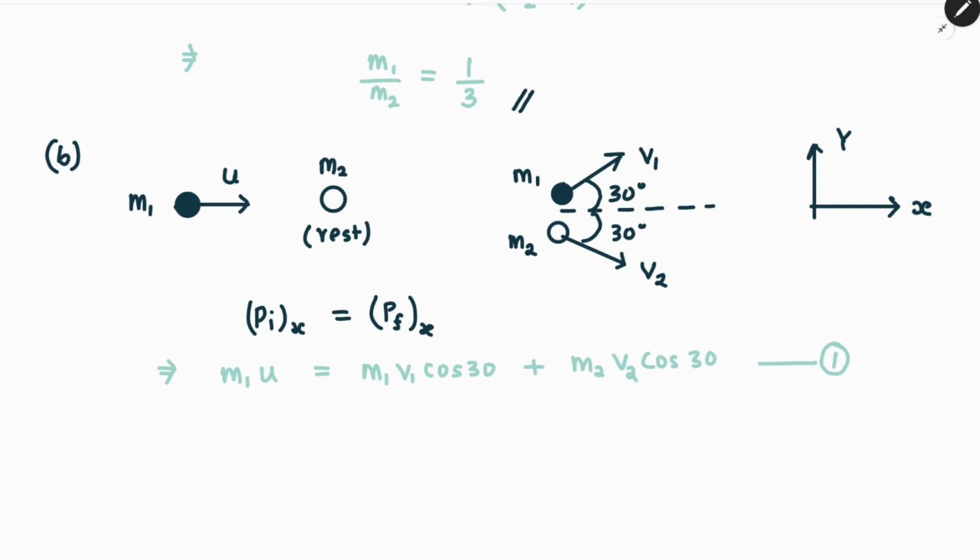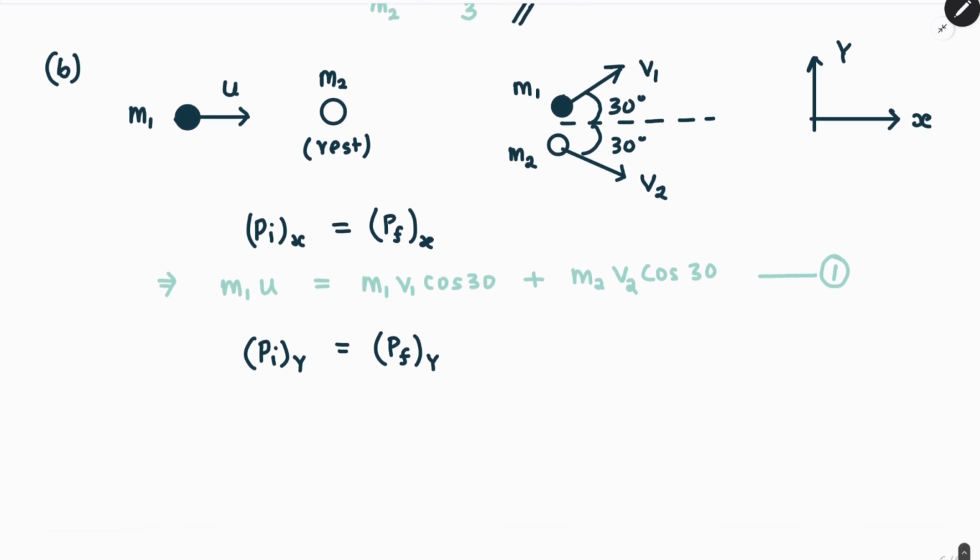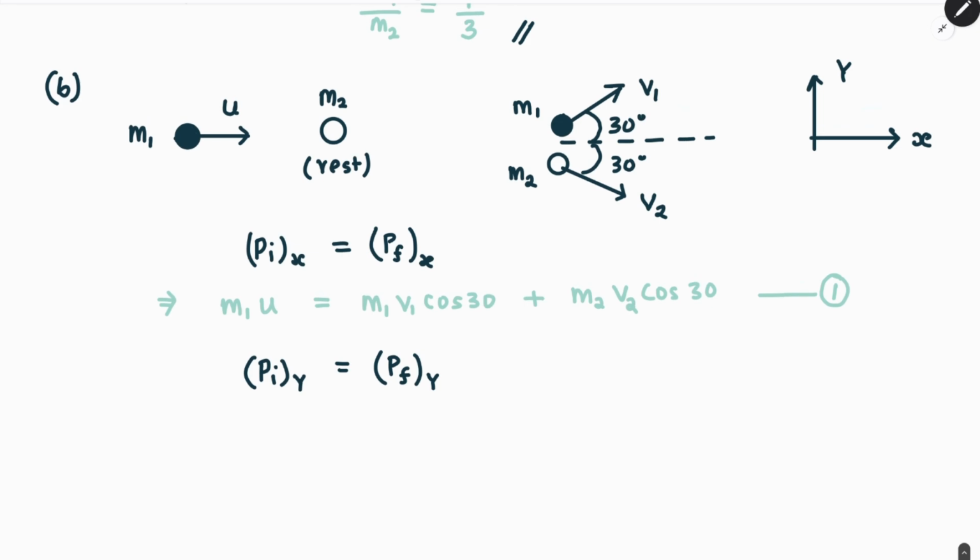Similarly, the initial momentum in the y direction is equal to the final momentum in the y direction. Initially in this scenario there is no momentum in the y direction, so we write it as 0.